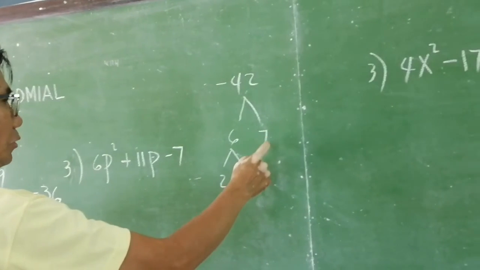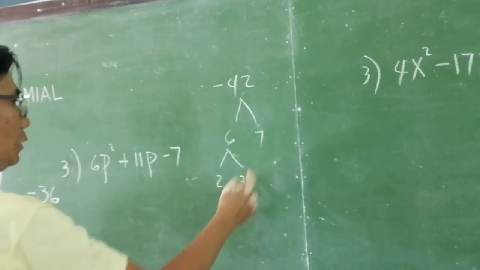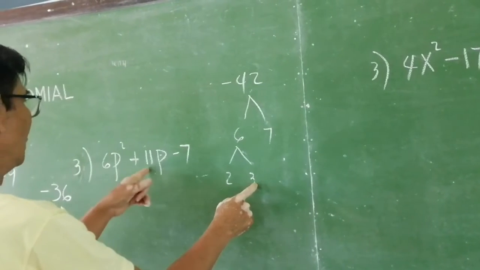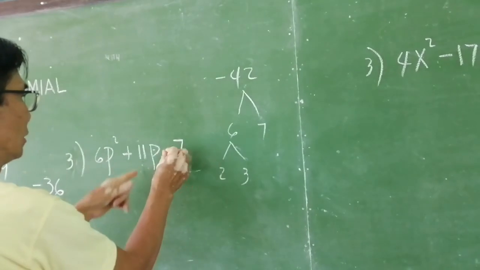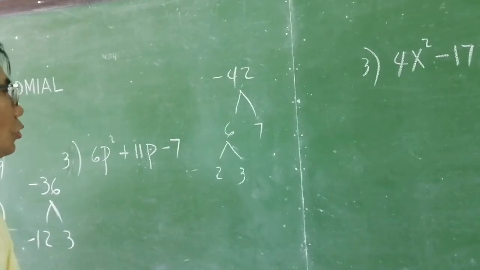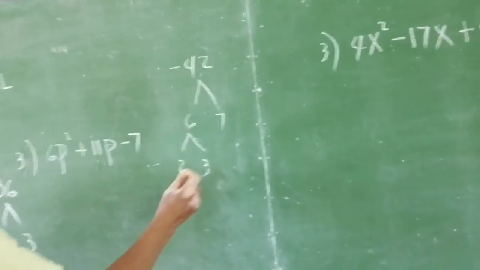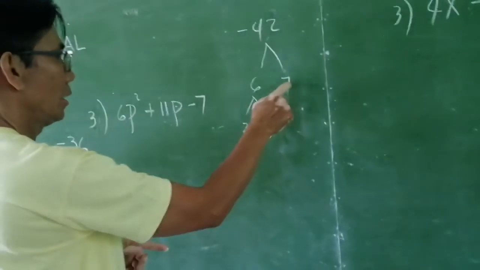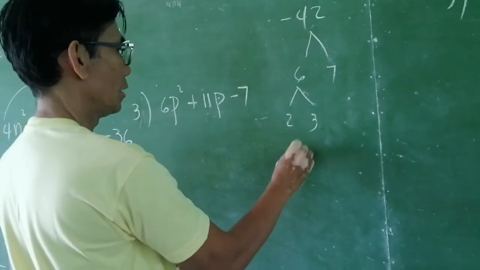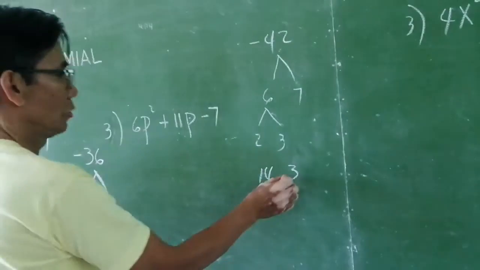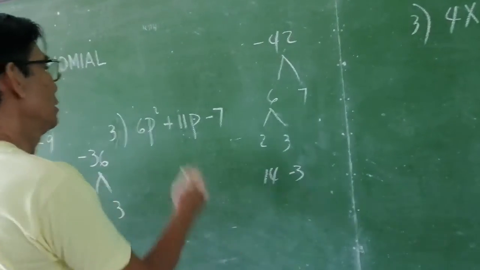So you try to combine two numbers, that will be 21, that will be 14 and 3. And you have to satisfy this. Take note, this is negative, so one must be negative. The positive is greater. So we'll take 7 and 2, that will be 14, and 3. And positive, so this will be negative. So that 14 minus 3 is 11.